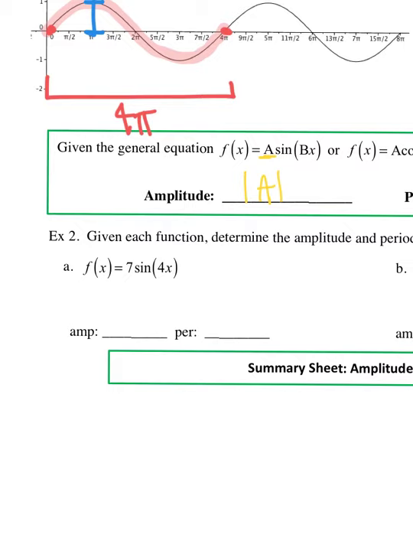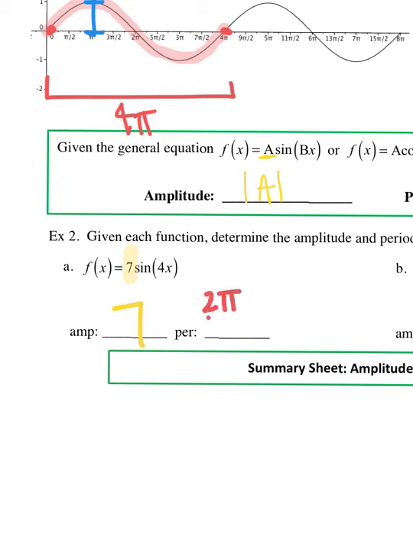Okay, example 2. Right now, on your paper, write down the amplitude. The A value is my amplitude. My amplitude is 7. To figure out my period, it is 2 pi over B. Well, my B value is 4.